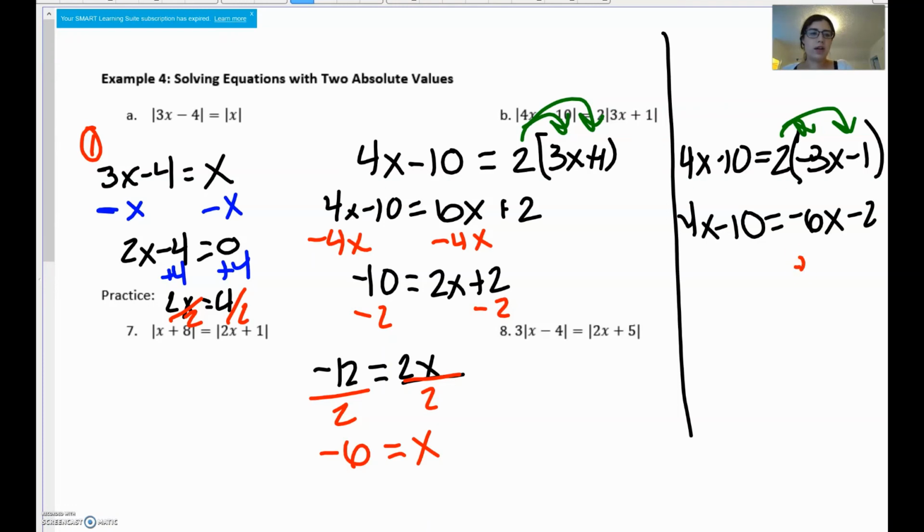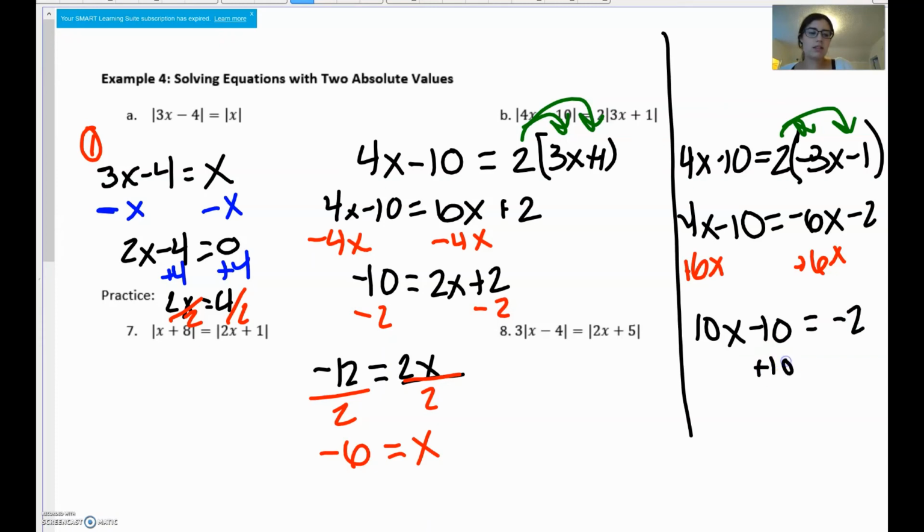I'm going to add 6x to both sides. We'll get 10x minus 10 equals negative 2.